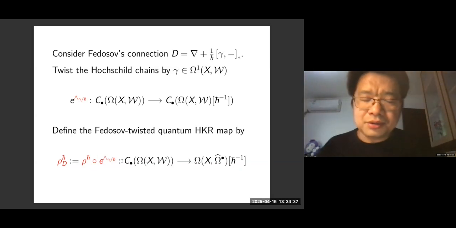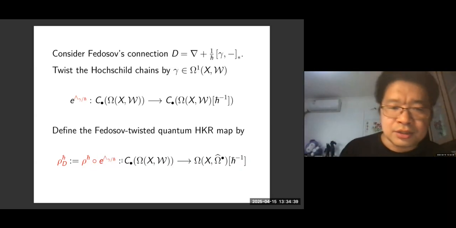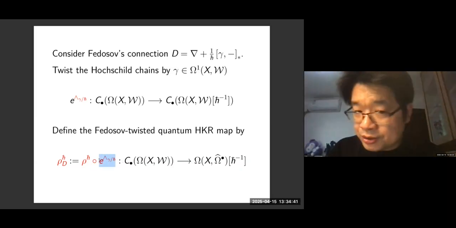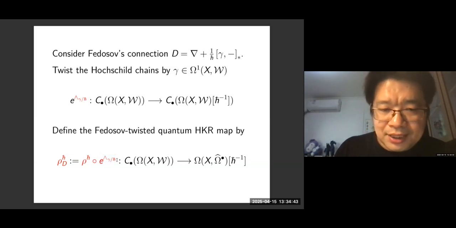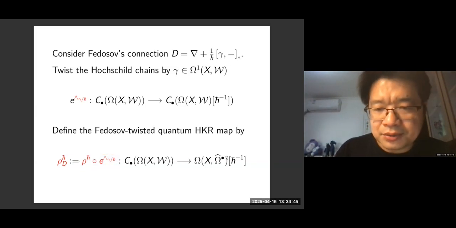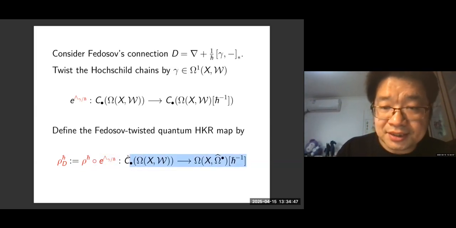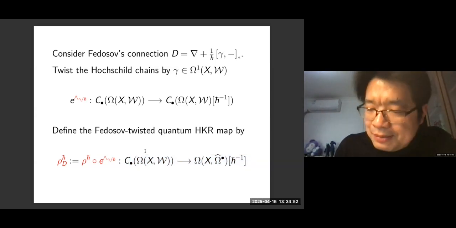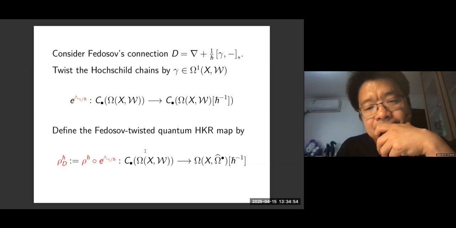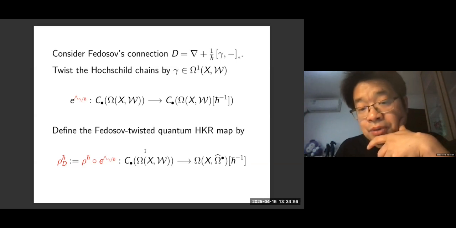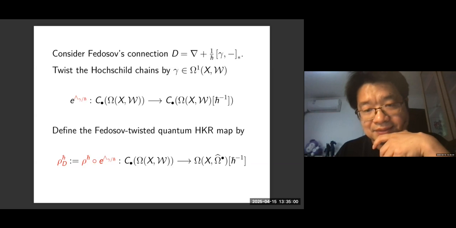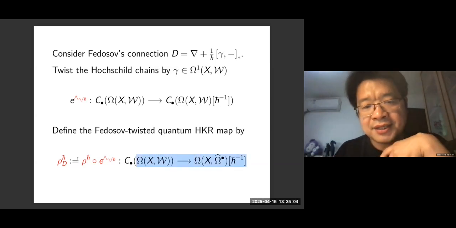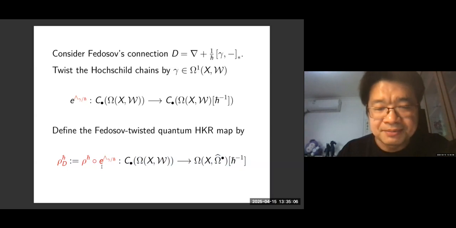If you look at the composition, let's call this one the Fedosov twisted quantum HKR map. And this map actually has some magic property. So let me try to explain what this one is. This is eventually related to the index theorem. It's about this map.